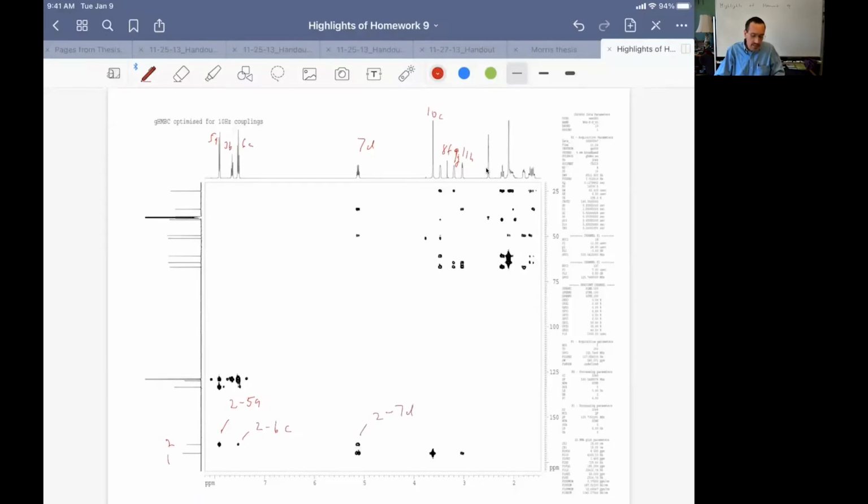By the point you're getting to these, you're going to be trying to place these carbonyls in your molecule, and this will be very helpful. 1 crosses with 7D as well, and 1 crosses with 10E. So what I'm doing is breaking this problem down into a set of steps that we're going to do. Now, I mentioned isolated methyls; what else did I mention in terms of interesting features of the problem?